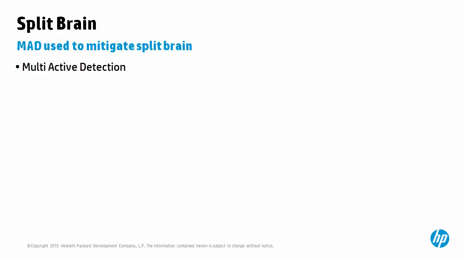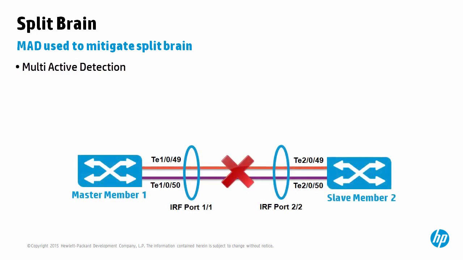Multi-active detection, or MAD, is a technology that allows for IRF recovery when the ports linking switches in the IRF system go down. So in this example, we have 2 switches in the IRF system or IRF stack, and the links between both switches have gone down. We now have a situation where the IRF system is split, and this is often called a split brain.